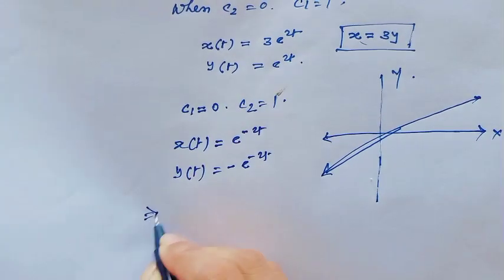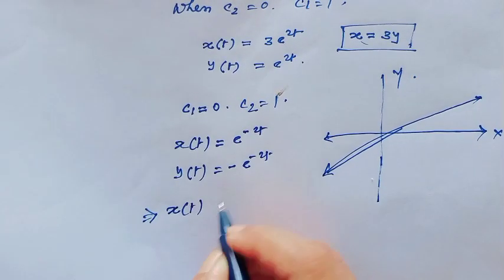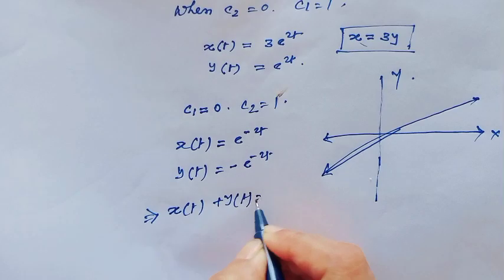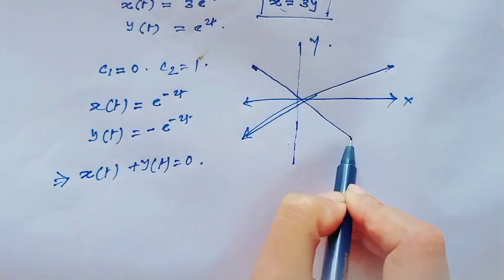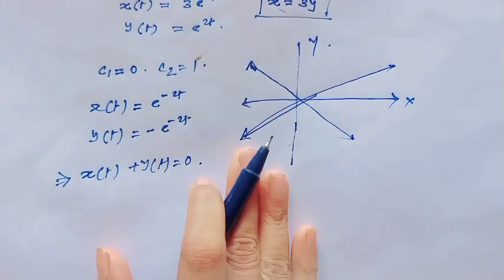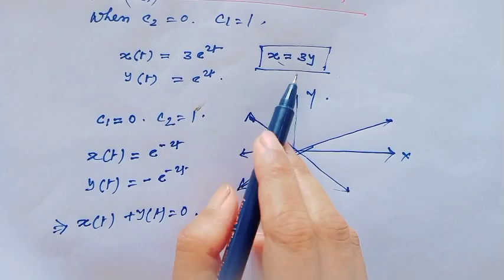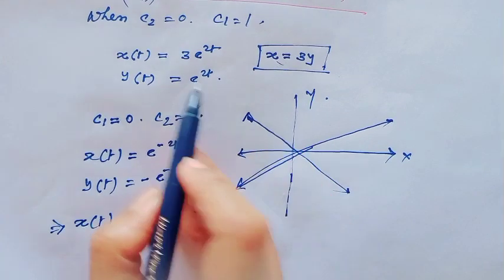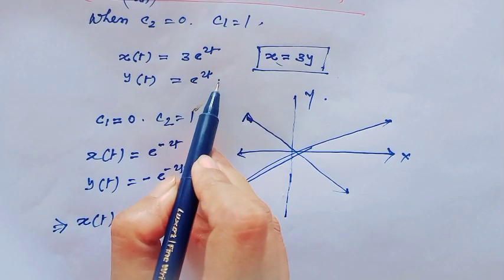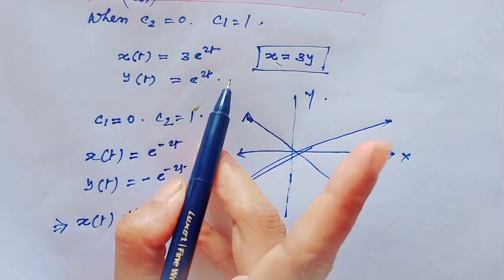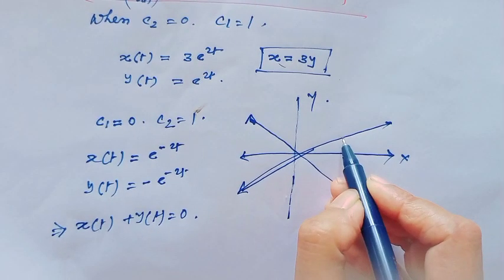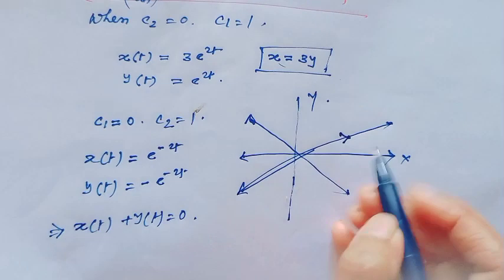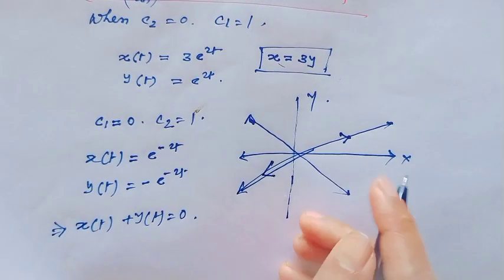That implies x(t) plus y(t) equals 0. x(t) plus y(t) equals 0 means this line. And for x equals 3y, since e to the power 2t, as t goes to infinity, e to the power 2t always goes to infinity. So for x equals 3y, the solution would be of such type.